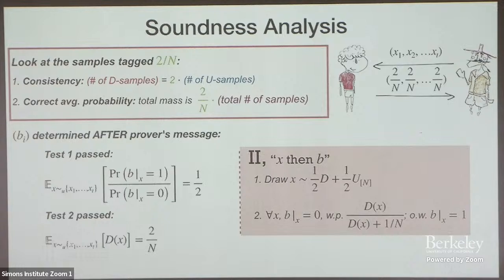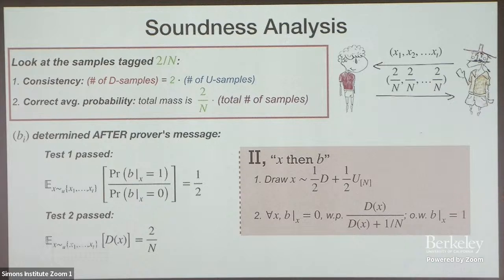If we take a random sample tagged 2 over n, what needs to happen is that the average probability that it was sampled according to D has to be twice as large as that it was sampled according to the uniform distribution. And again, let's assume full support of D. I don't want to take into account what happens when the denominator is 0.